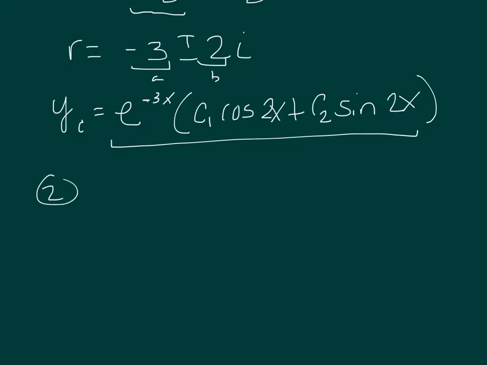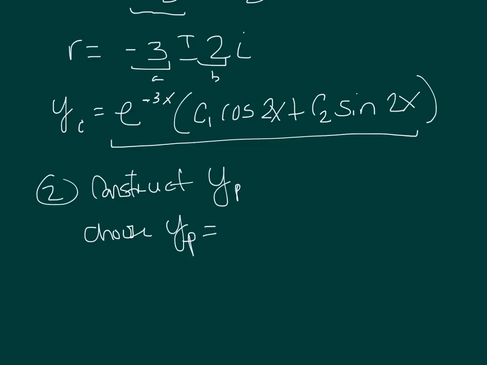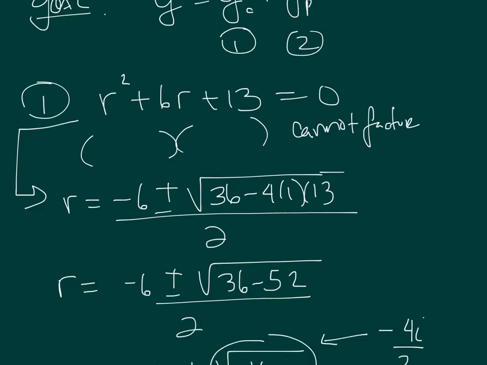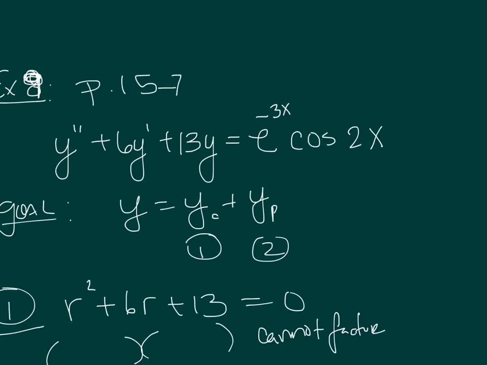If we want to construct y sub p, how do we choose y sub p? We go back to our equation, and it's going to be a combination. We have a cosine of 2x, so we want a cosine 2x plus b sine 2x. But we also have an exponential function, so we want to include that exponential function.